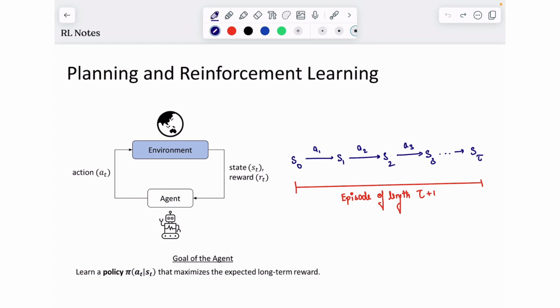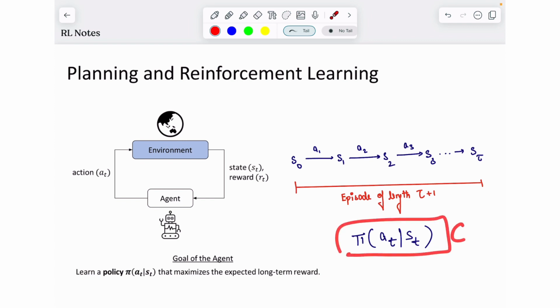The goal of the agent is to find a policy pi(a_t | s_t). Given a particular state s_t, you have to decide which action to take, and that is denoted by this function pi, which is nothing but a probability distribution over all the actions that are possible in that particular state s_t.